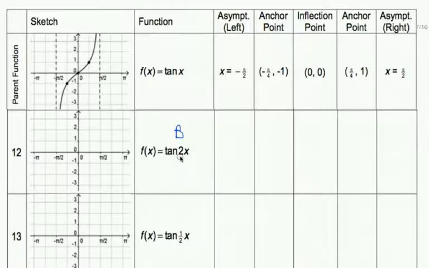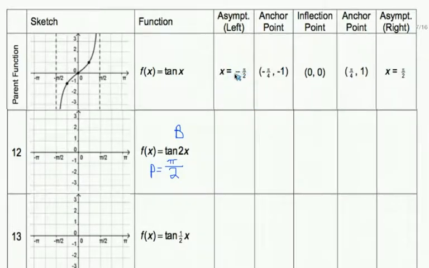We also know that to find our period length, it's going to equal pi divided by our b value. And so in this case, instead of having a period length of pi, it's going to be pi over 2. So basically we're taking our whole graph and compressing it horizontally. That's going to affect all of our x values.